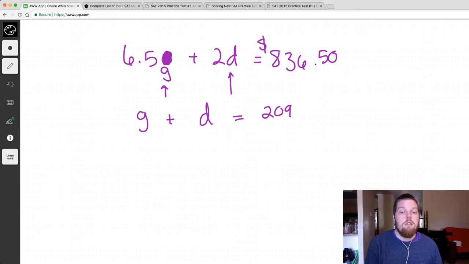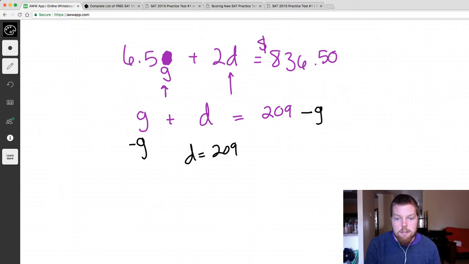So let's solve for d, because d is multiplied by a whole number and not a decimal, and that will be easier to do the distributive property on. So let's subtract g from both sides, and we'll get d equals 209 minus g.